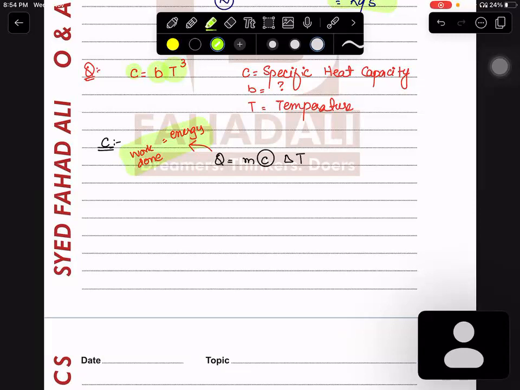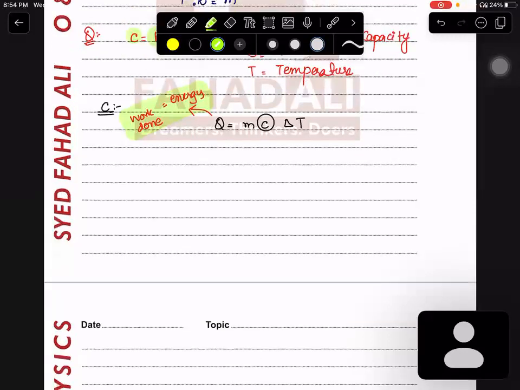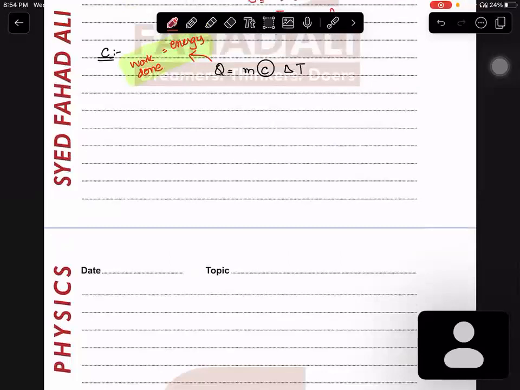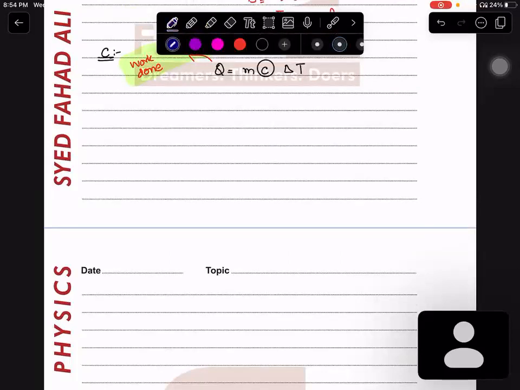Clear? Yes sir. Work done has units of kg m square s minus 2.